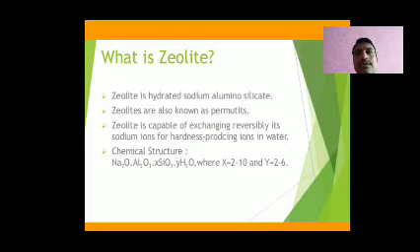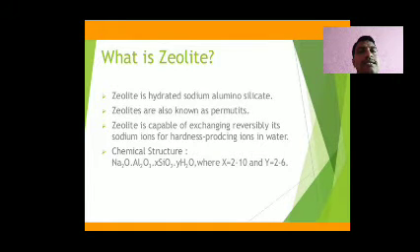This zeolite process is also called the permutit process because the chemical compound used in this process is called permutit. Aluminium orthosilicate, Al2Si2O8, is called zeolite.